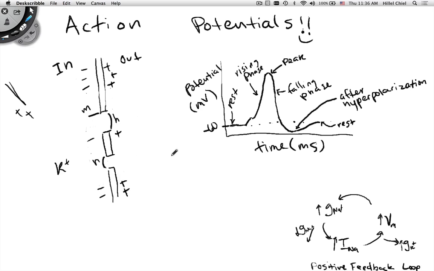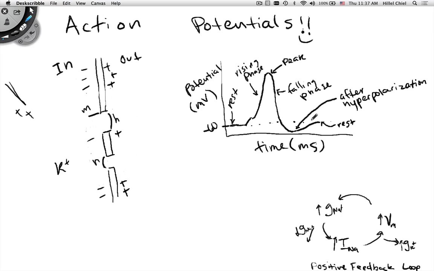And so because our H gates are closed, it's hard to activate the voltage-dependent sodium channels. And then also because we're hyperpolarized, it's harder to reach the threshold, correct? Exactly. And the potassium that's running out will tend to shunt any depolarizing current that we inject in. So we're putting plus charges in, and those plus charges are just running out to the potassium channels.